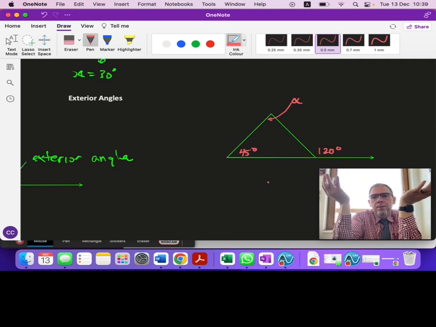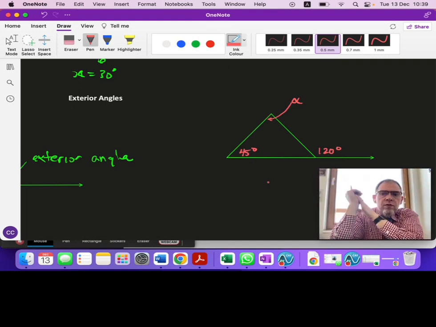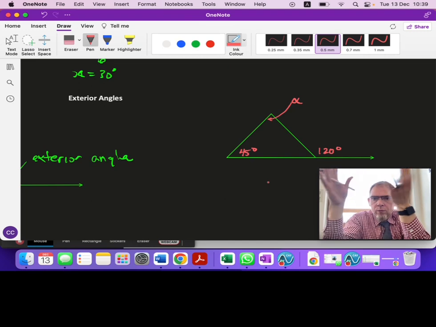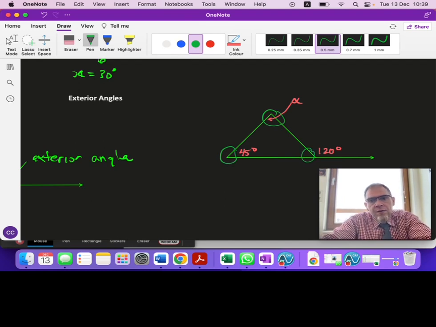So look at the problem. Look at what we've just talked about. How could you solve this? What would be the first steps? Well, we know something already. We know that if I add this angle to this angle to this angle, I get 180 degrees, right?